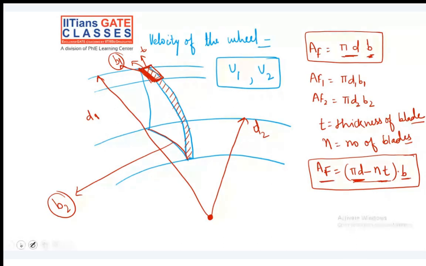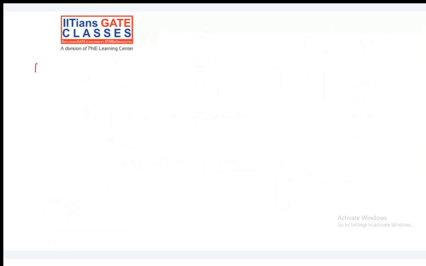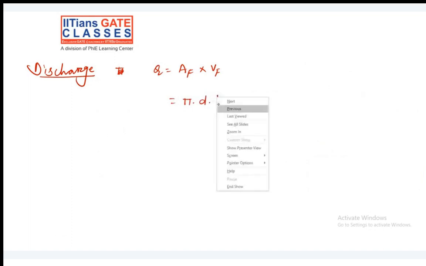Discharge, an important term. What is discharge? Let us say that Q is the area of flow multiplied by the velocity of flow. The area of flow we have just seen is pi d into b, multiplied by vf.